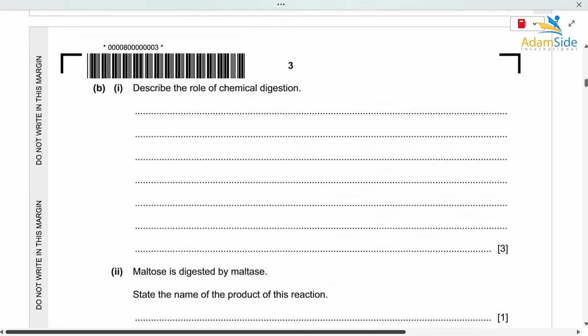Alright, then describe the role of chemical digestion. Alright, so chemical digestion is a kind of digestion that breaks down food into substances that can be absorbed by the blood.